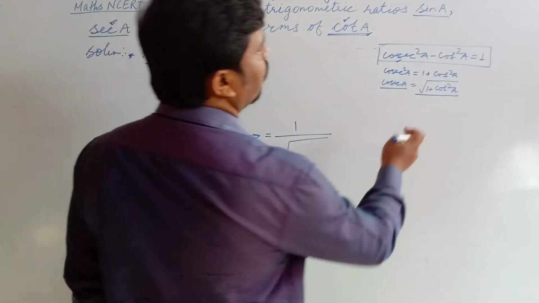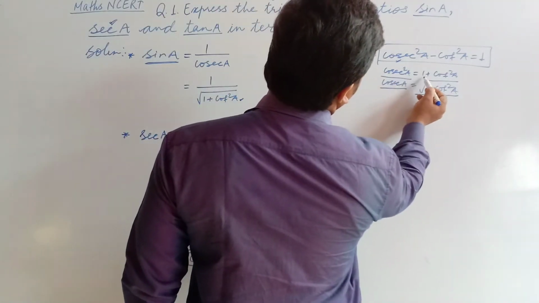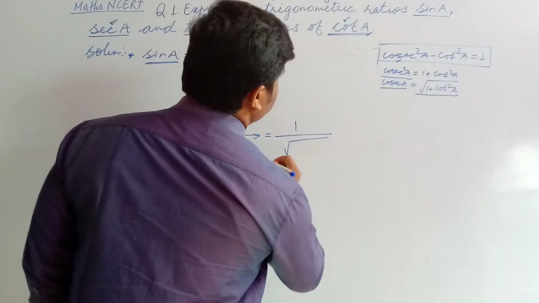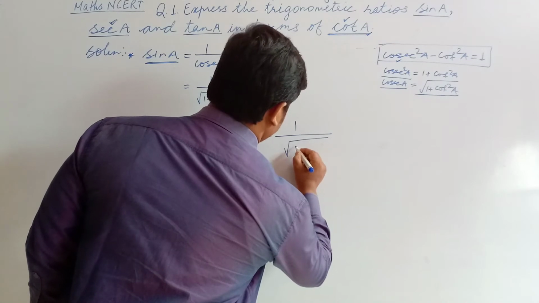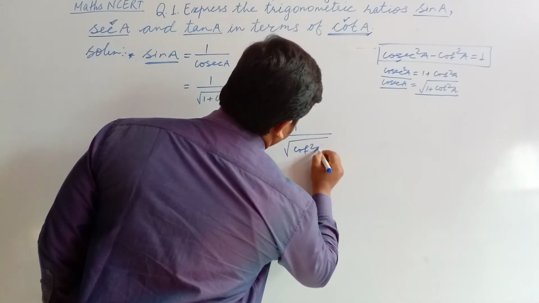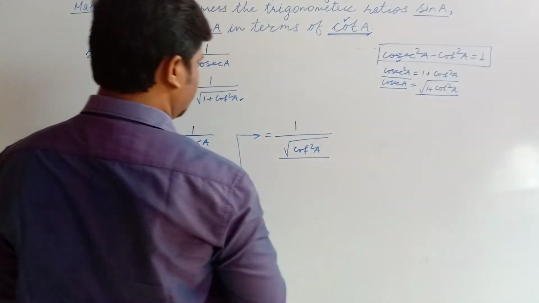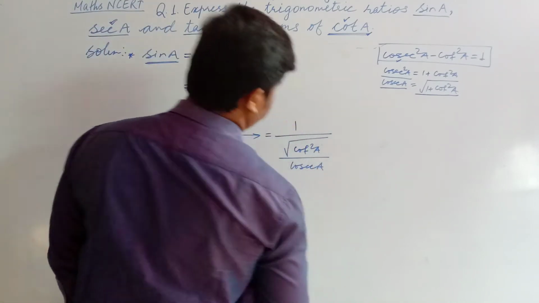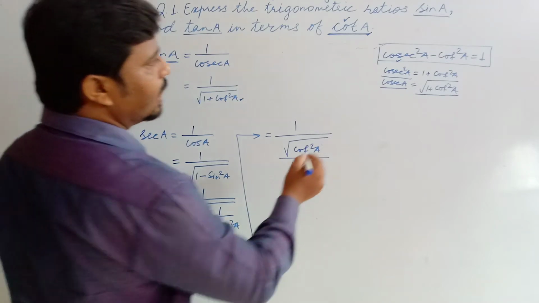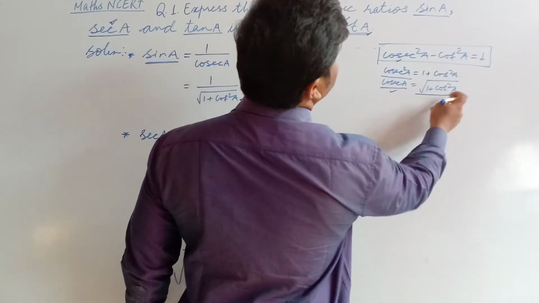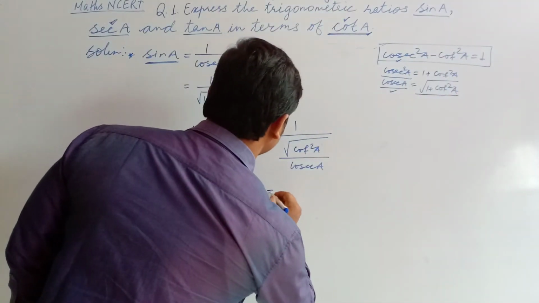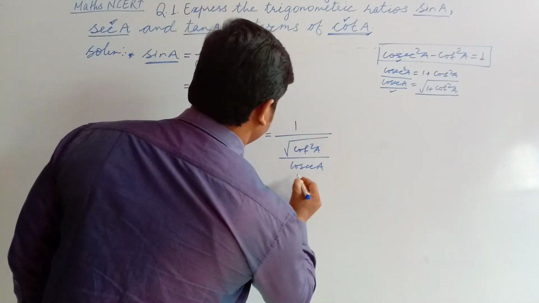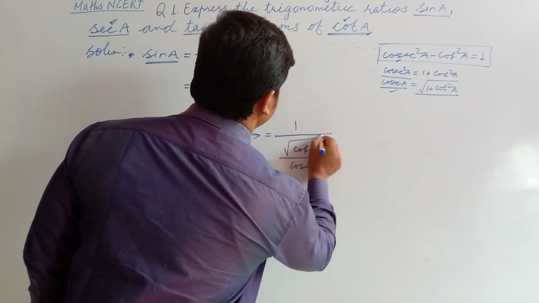See, cosec square A minus 1 equal to cot square A. So here will be cot square A upon cosec A. And you know that cosec A equal to under root 1 plus cot square A. This is the division form, we can change.